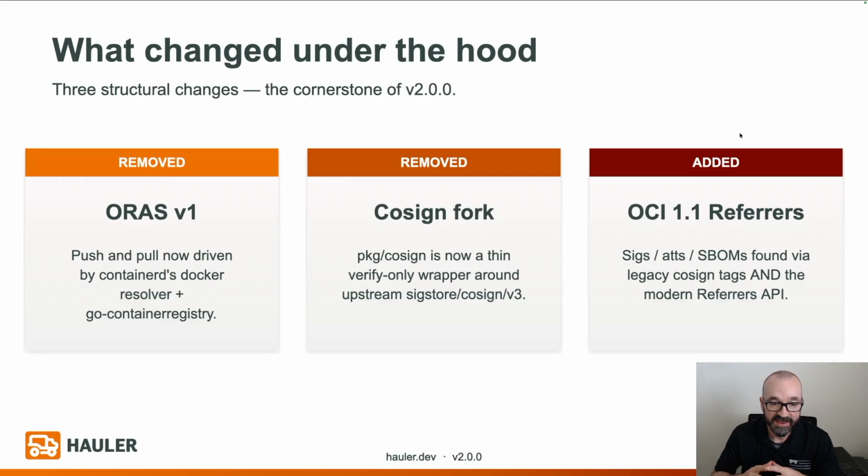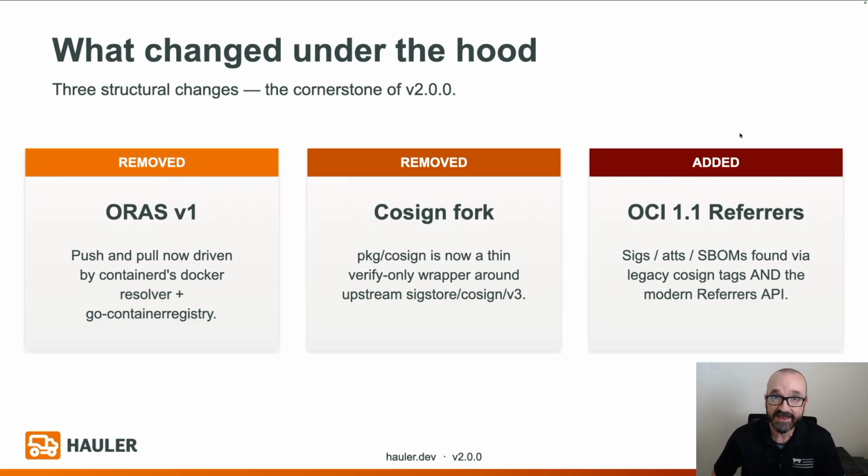But in the act of doing so, we realized: why do we need Oras in the first place? Why not cut out the middleman and go straight to things like Go Container Registry or Containerd's Docker resolver and things of that nature? Just go straight to those APIs that are already proven and pretty easy to work with, without having Oras in front of it.